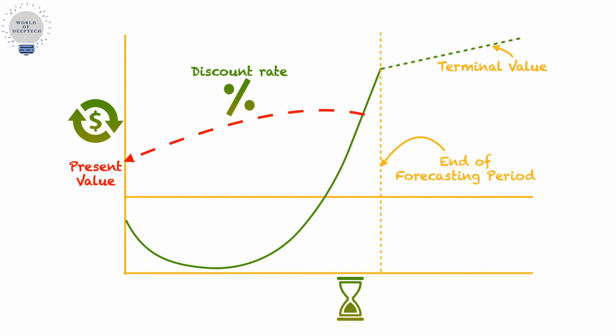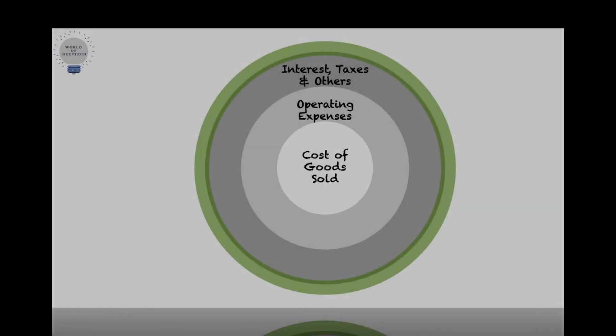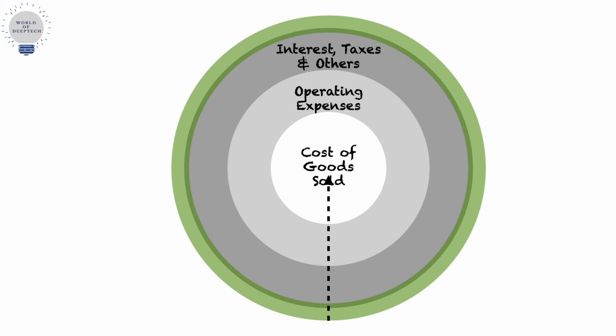But what if you still need to generate DCF based valuation? Where do you start? There are two ways to go about it. The first one is the top-down approach, where you start with the size of the serviceable obtainable market and estimate the revenue growth over a 3 to 5 year time horizon.